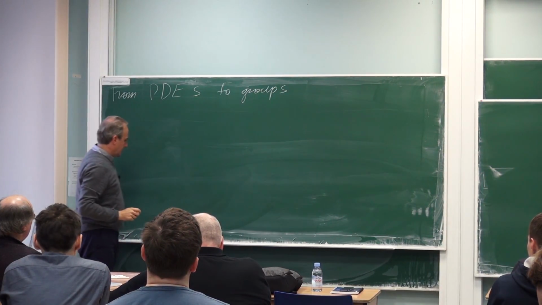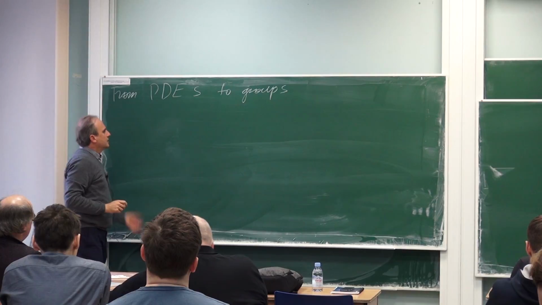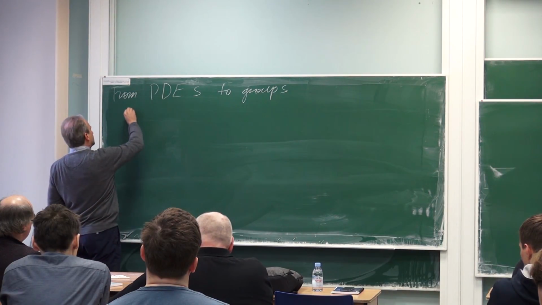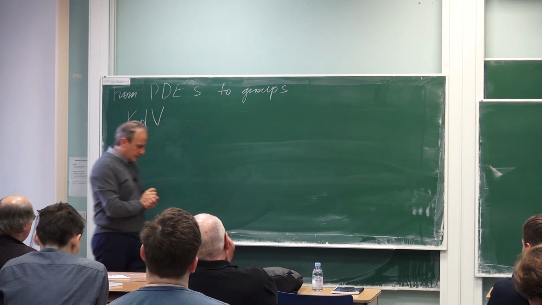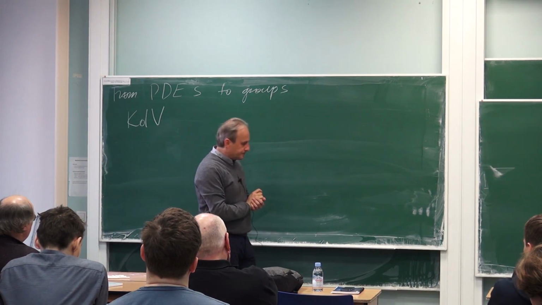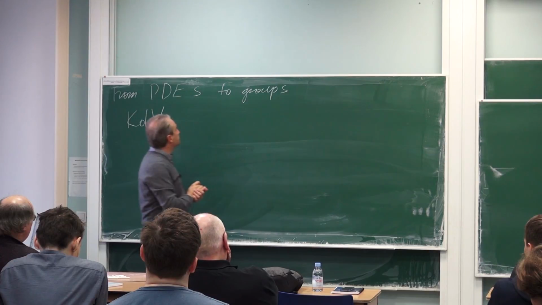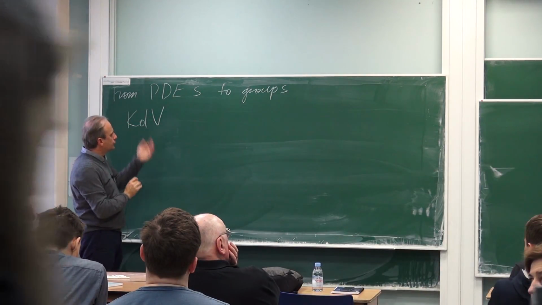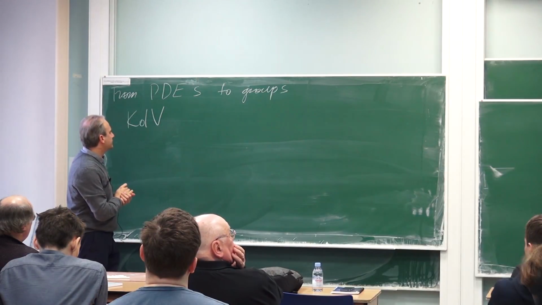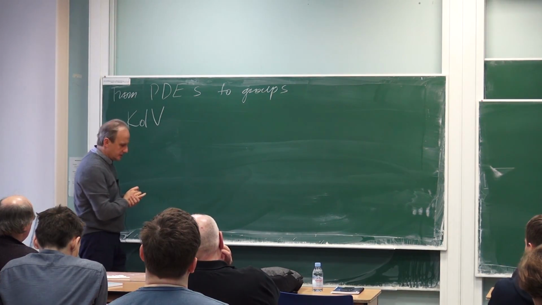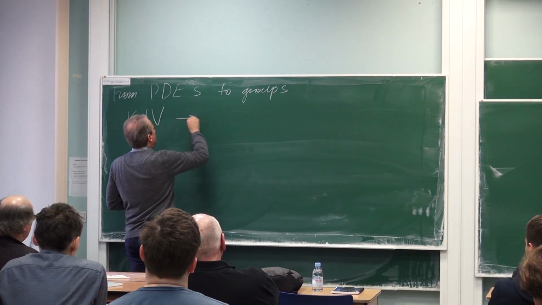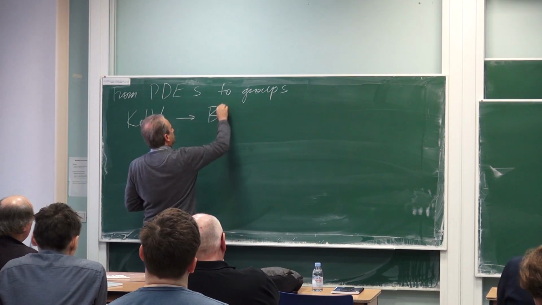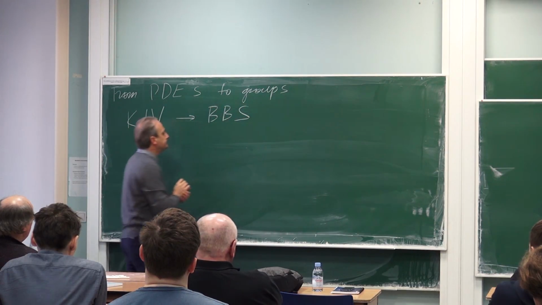And the case that we'll study is the Korteweg-de Vries equation. In order to obtain a group associated to this equation, we'll consider its so-called ultra-discrete limit, which is called box-ball system.